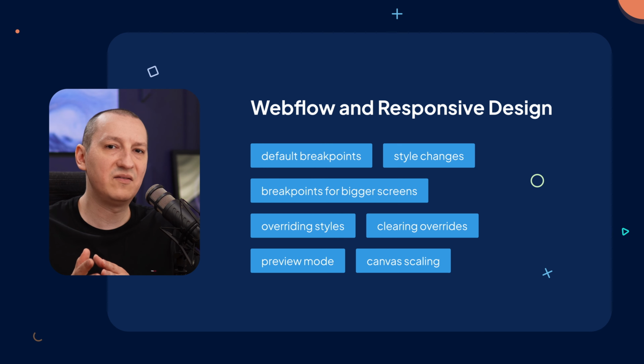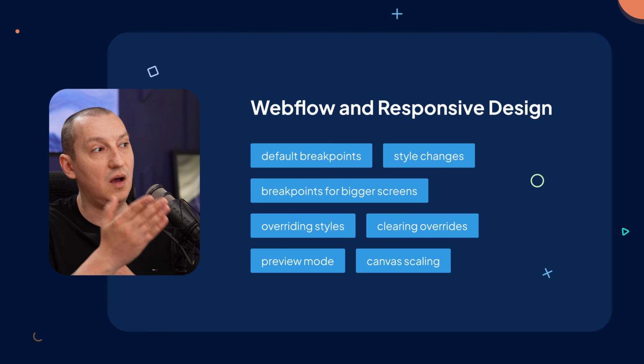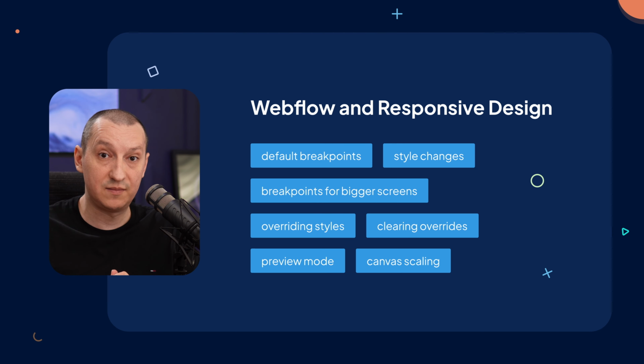Then we'll add some breakpoints for bigger screens, and we'll see how the changes we make will actually cascade up. We'll talk about overriding styles between breakpoints and also how to clear those overrides. And we'll close this first chapter by exploring preview mode and also canvas scaling for working with big breakpoints.